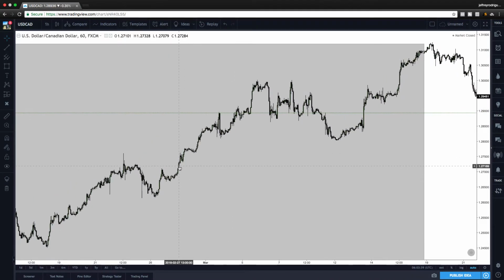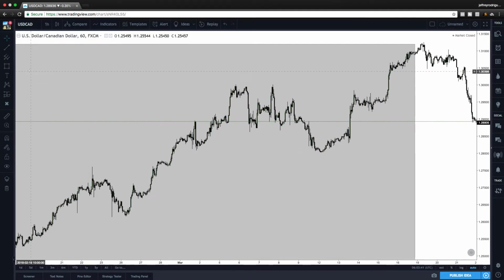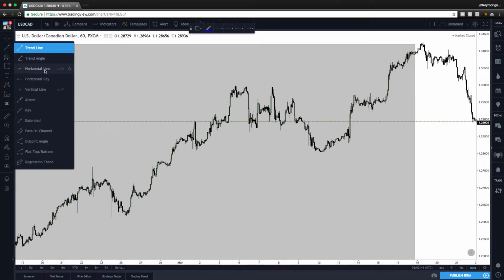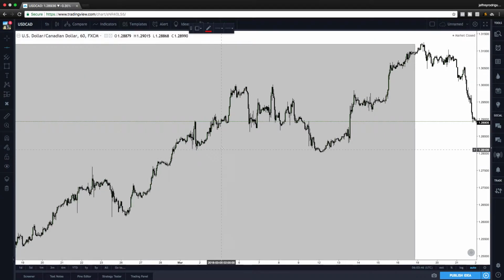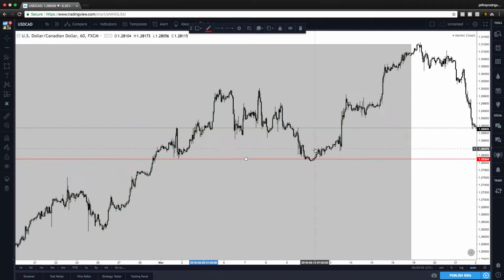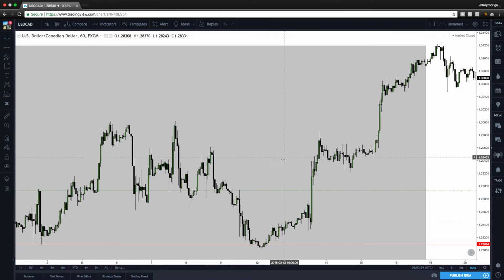Say this was a daily support level right here. As the market traded down into this, I would be watching price action.